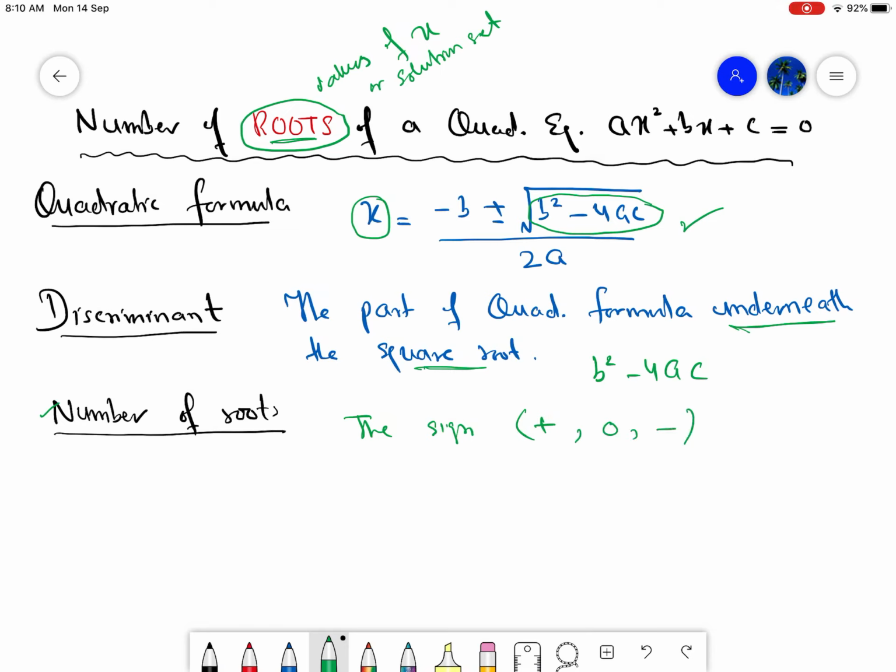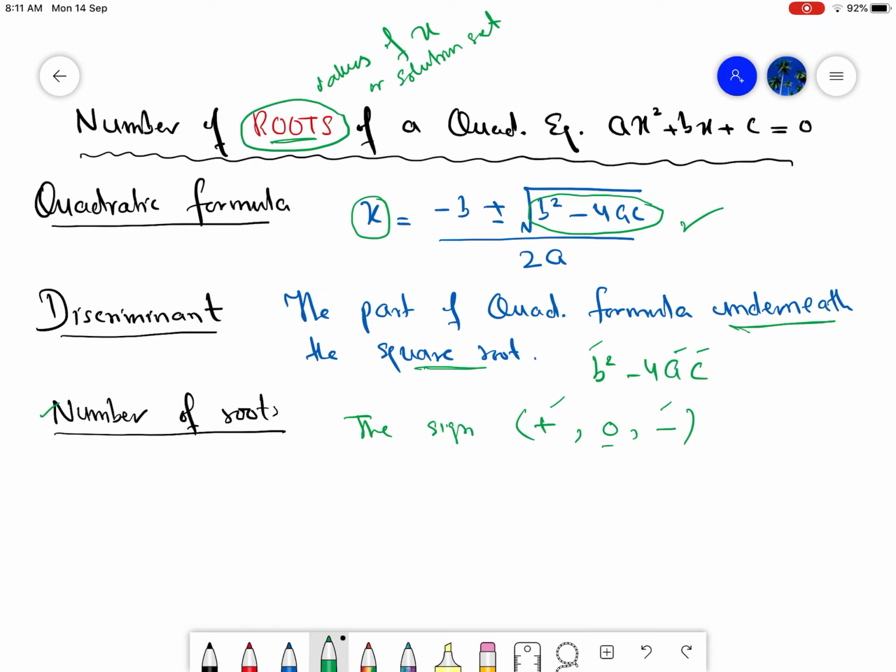It means that when you evaluate the discriminant using the values of a, b, and c, you will end up with a number, and this number may be positive, negative, or zero.